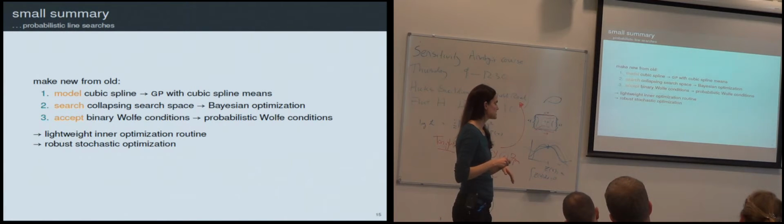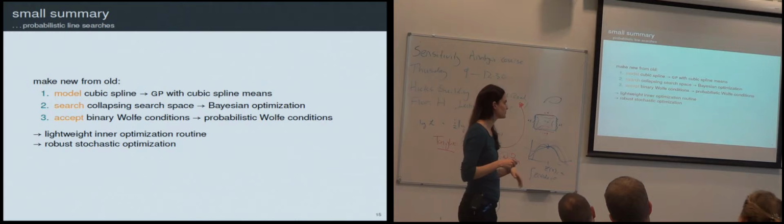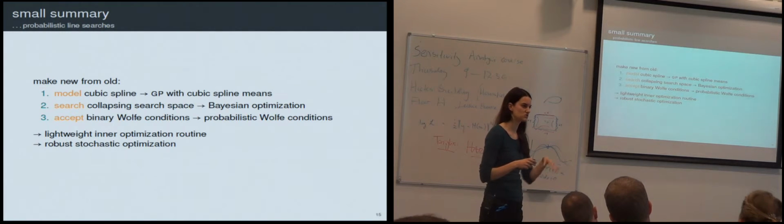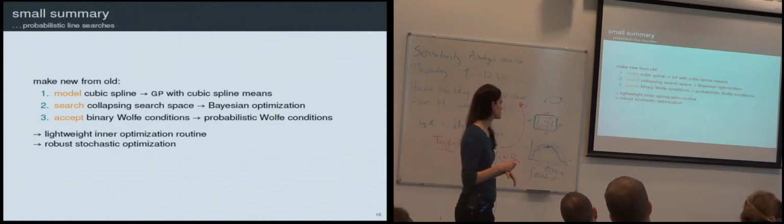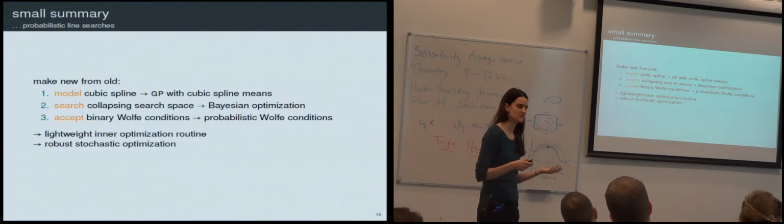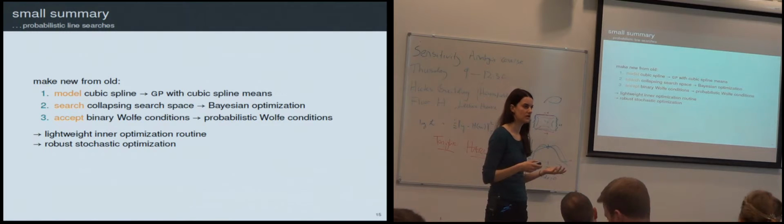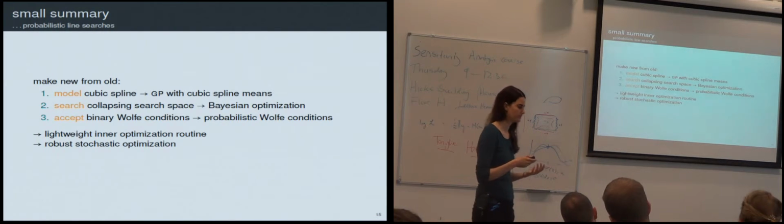And for acceptance, instead of the binary Wolfe conditions, we use the probabilistic Wolfe conditions, which are a very natural extension to the classic Wolfe conditions. Okay, and that actually robustifies our optimization problem, so we don't have to hand-tune learning rates anymore.